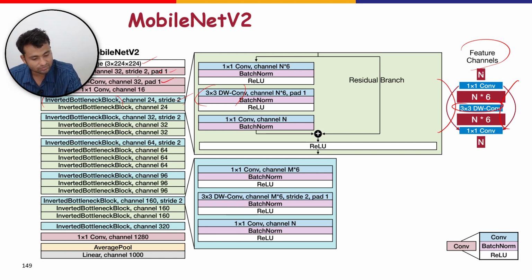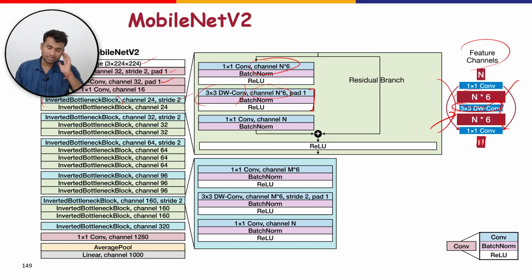And so here the number of channels increases from n to n into 6. There we apply a 3 cross 3 depth-wise convolution, which you can see here in this block. And after that we again bring it down to n.